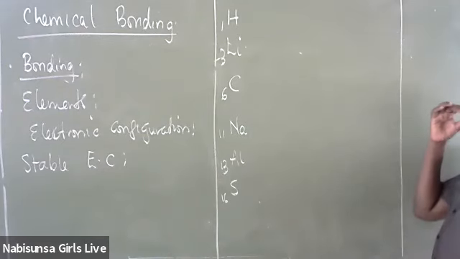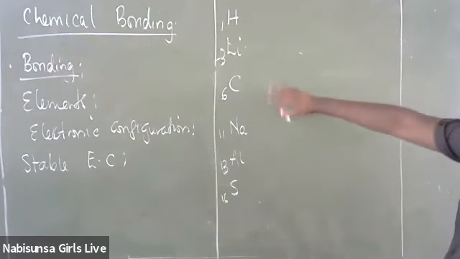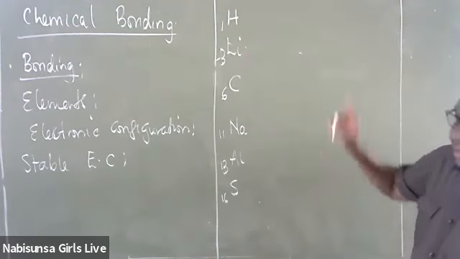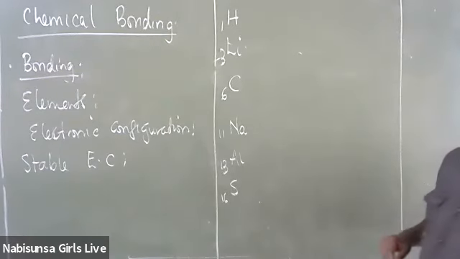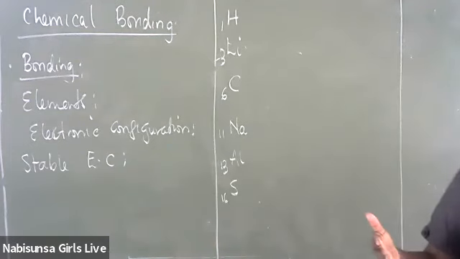We say that the rules of the game were, how do I arrange these electrons? The numbers that I put here represent the electrons these elements have. The first level is like filling a house or a flat or building. When you're writing electronic configurations, the first floor takes a maximum of 2.